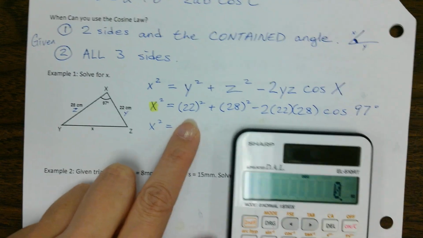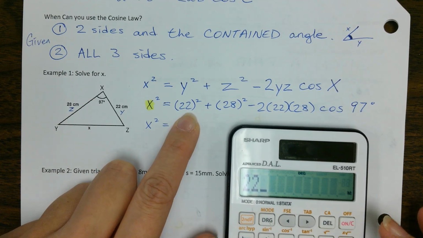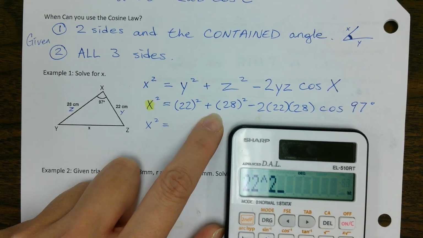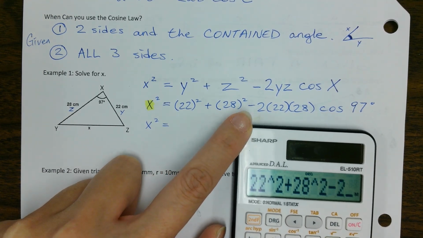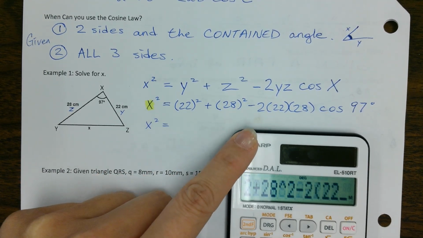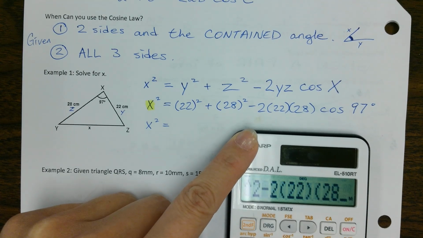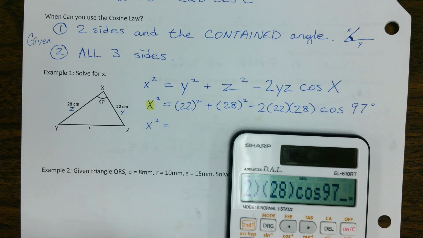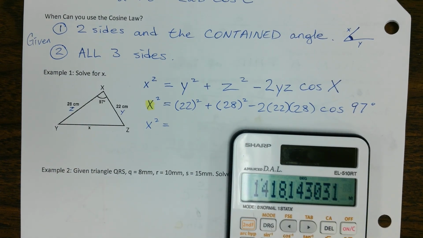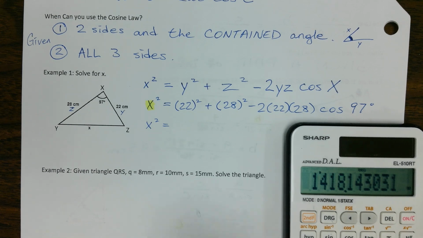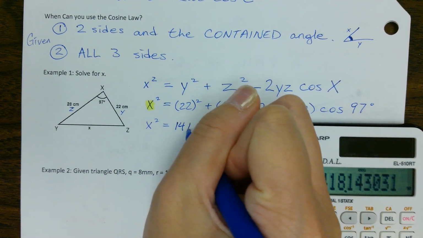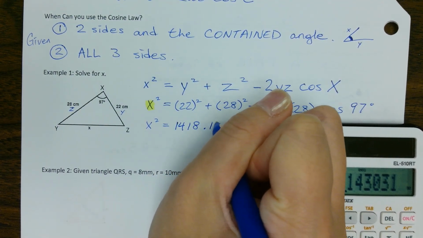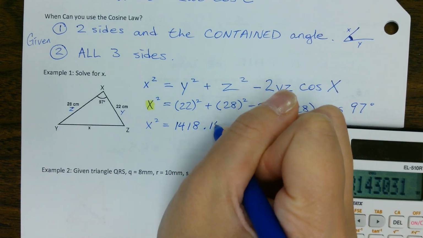So let's say I'm doing this all in the calculator: 22 squared plus 28 squared minus 2 times 22 times 28 cosine 97. Okay, when I press it all, I get 1418.143.